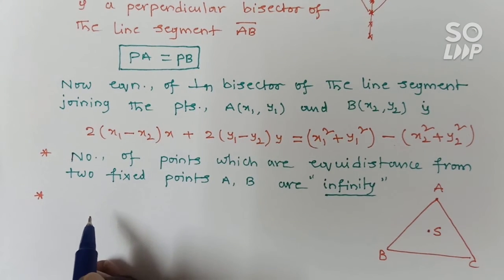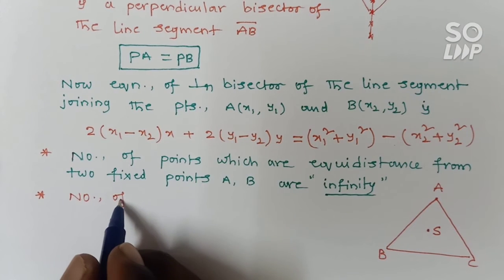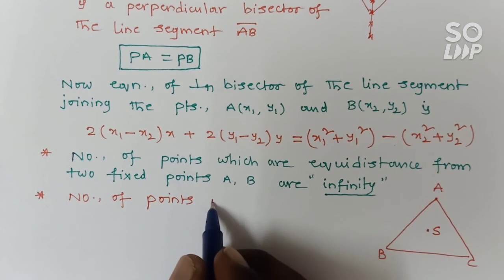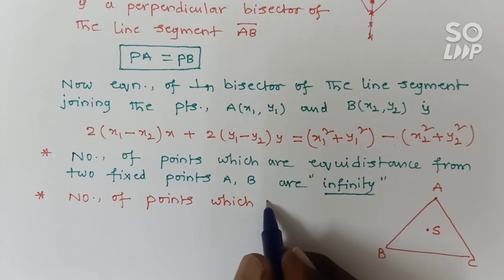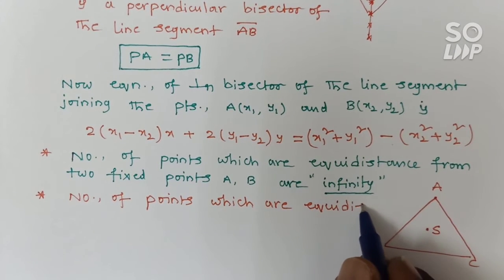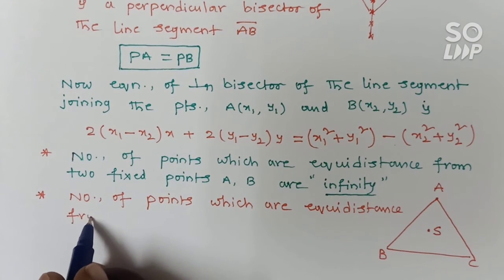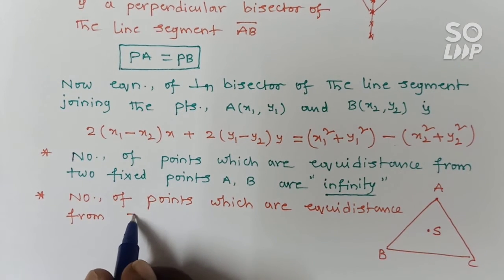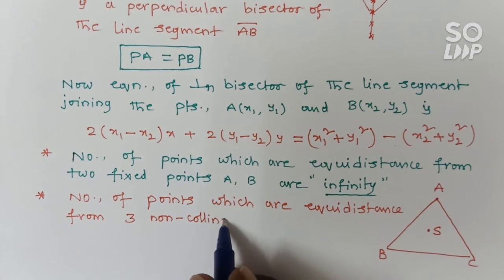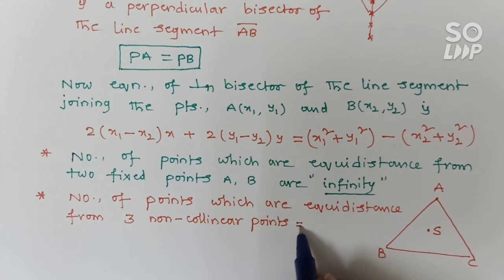So here you can write that the number of points which are equidistant from three non-collinear points is equal to 1.